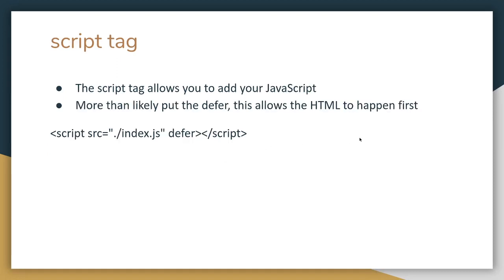And then there's the script tag. The script tag allows you to add your JavaScript. More than likely, you want to put the defer. This allows your HTML to happen first, and basically put your JavaScript to happen at the end. The reason you want this is because you want your HTML to load first because your browser understands HTML, but for JavaScript it basically runs it as it comes in.